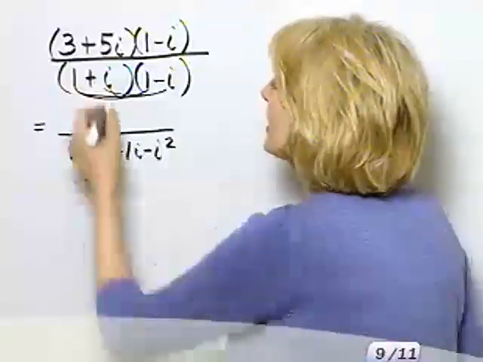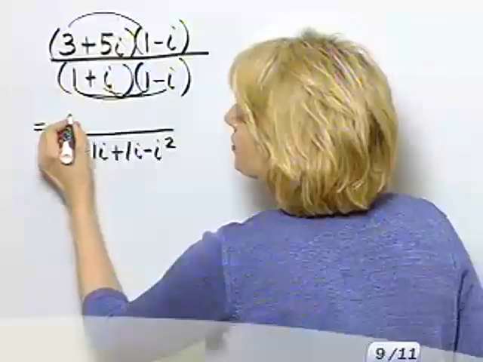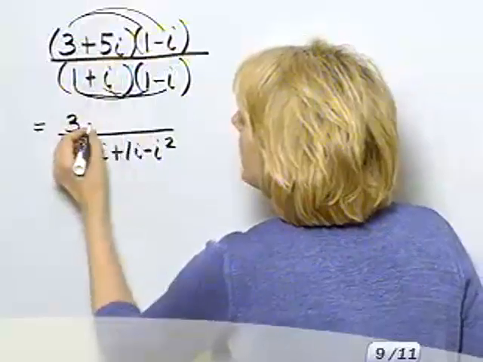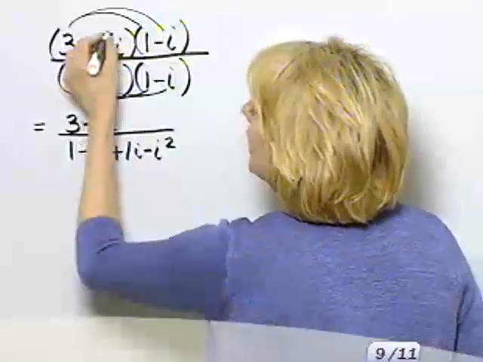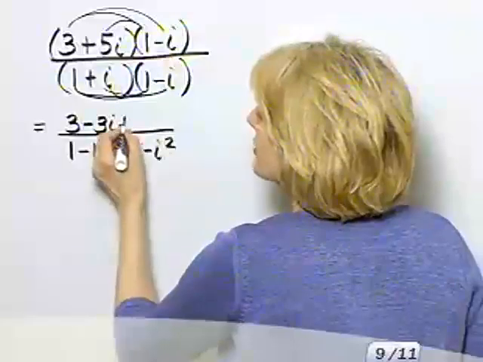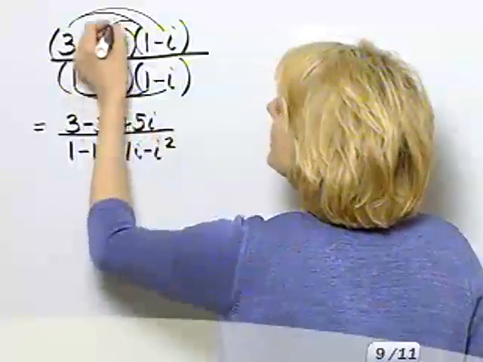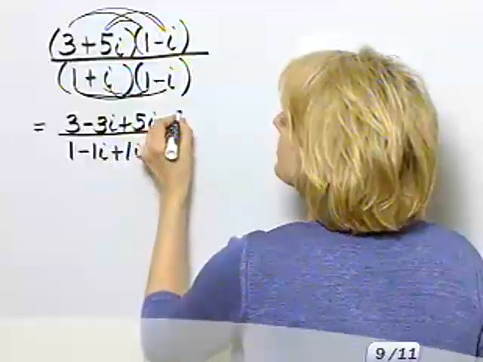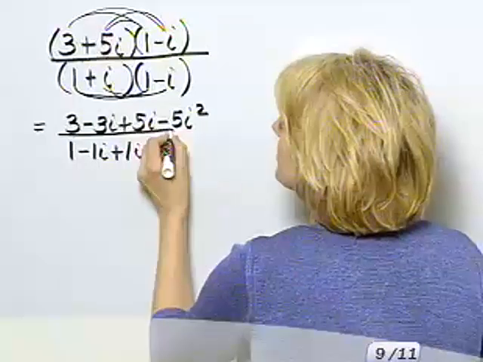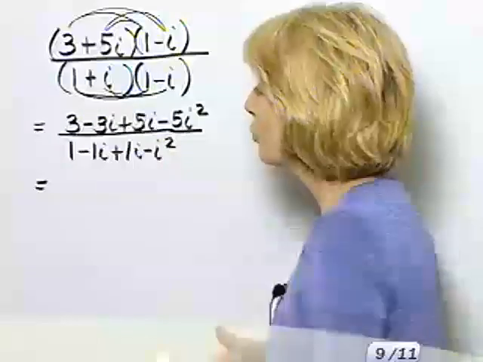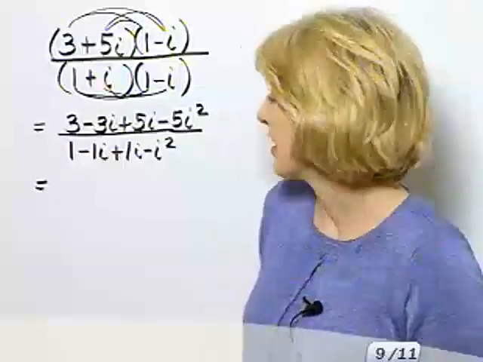Let's multiply. First times first, 3 times 1 is 3, minus 3i, inside product plus 5i, and then last times last, minus 5i squared. Now we will just be simplifying.